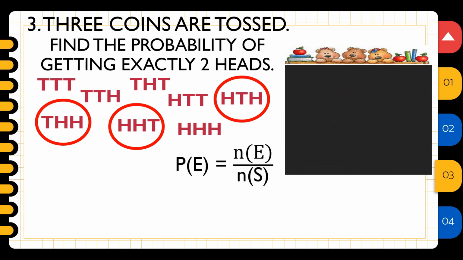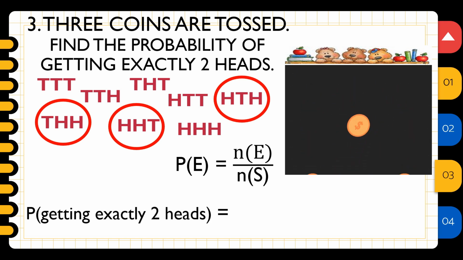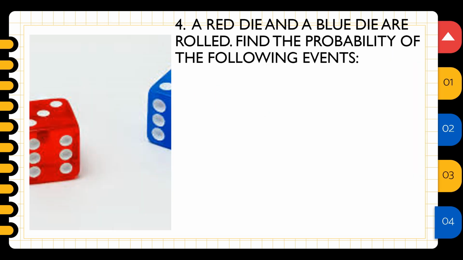Looking at the formula, P(E) equals N(E) over N(S). Our event is getting exactly 2 heads, so P(exactly 2 heads), with the event equal to 3 and the possible outcomes 8, the final answer here will be 3 over 8.